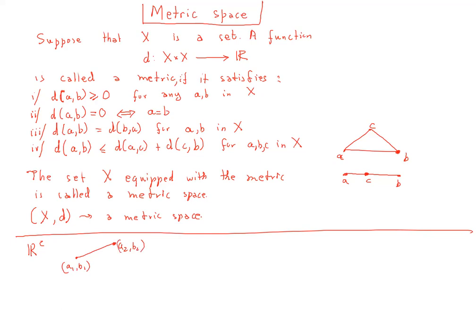So the usual Euclidean metric, as we say, would assign to this pair of points the length of the segment connecting them. So this will be the square root of (A1 minus A2) squared plus (B1 minus B2) squared.